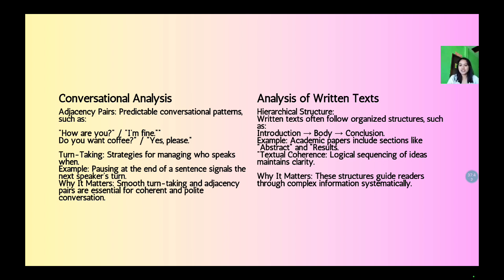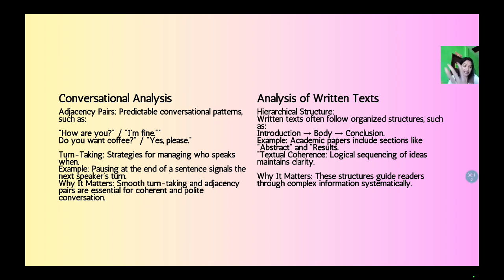Example, pausing at the end of a sentence signals the speaker's turn is ending. So pausing at the end of the sentence signals the next speaker's turn. Why it matters? Smooth turn-taking and adjacency pairs are essential for coherent and polite conversation.